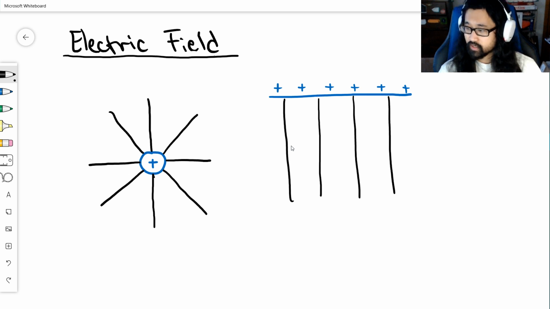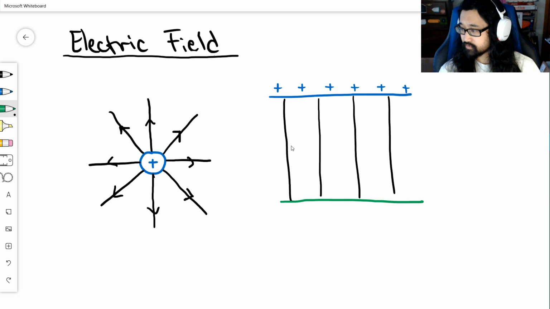So, generally speaking, the electric field will point away from a positively charged object. And let's say that I have another plate down here that's negatively charged. It would point towards a negatively charged object.